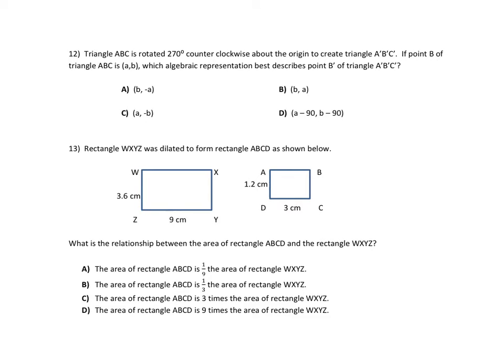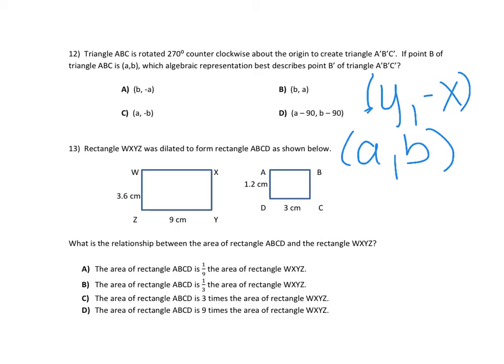Oh, wait, I'm on the wrong question. Tristan, what is it? (y, negative x)? So (y, negative x). If we started out with (a, b), it would be (b, negative a). So (b, negative a) is answer choice A.